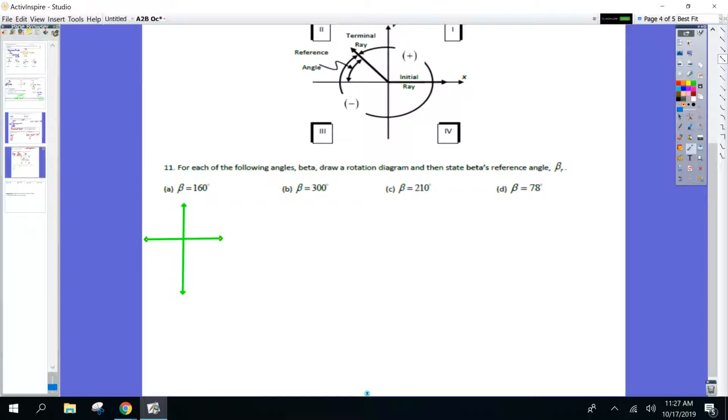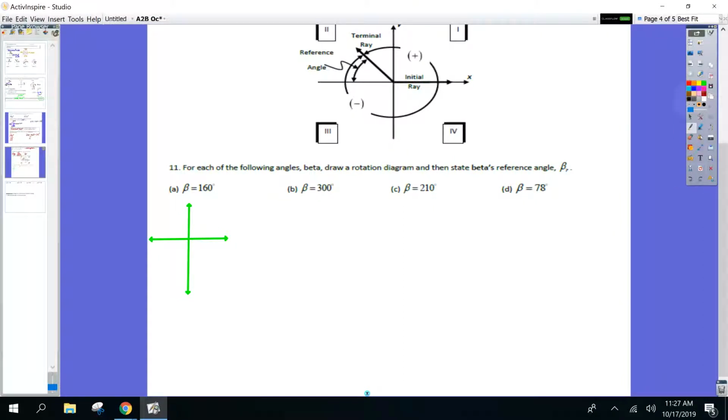Always draw the rotation when you're graphing, so I know what direction it's going in. What quadrant did you put it in? 2. Did you put it closer to 180 or closer to 90? 180, perfect.